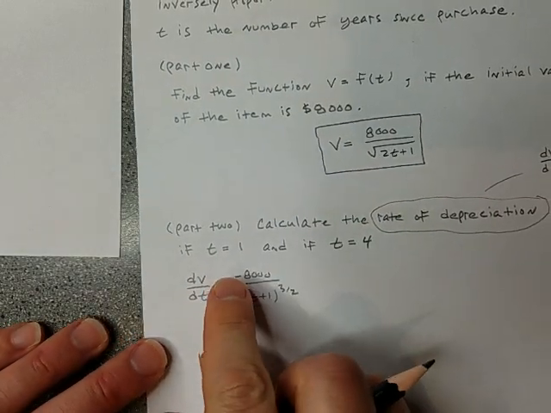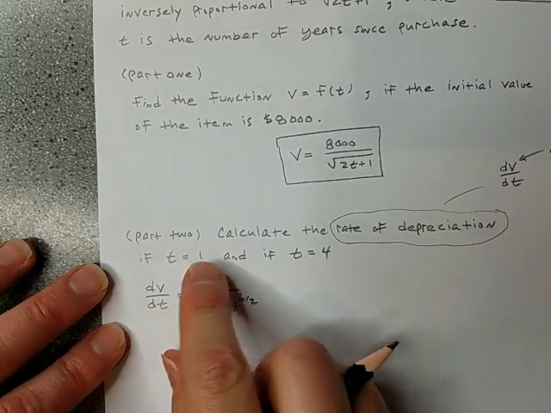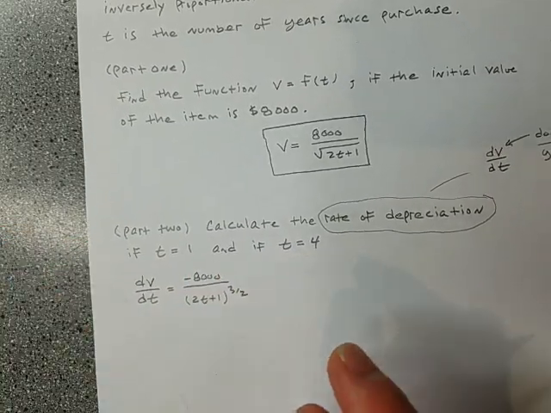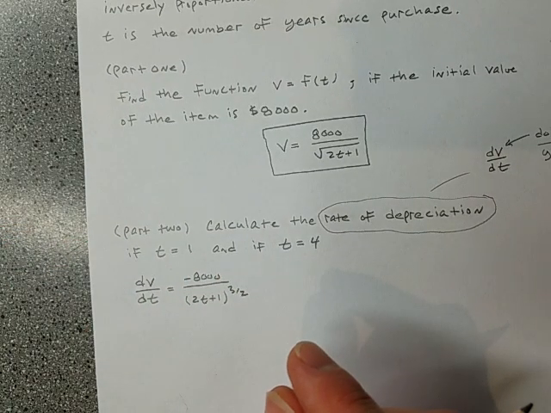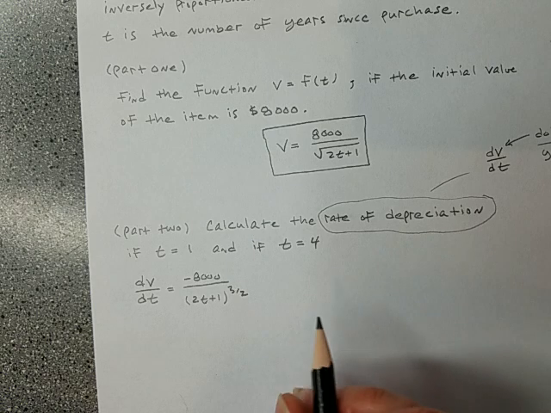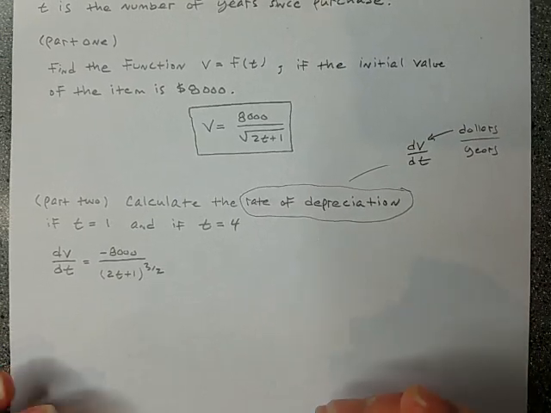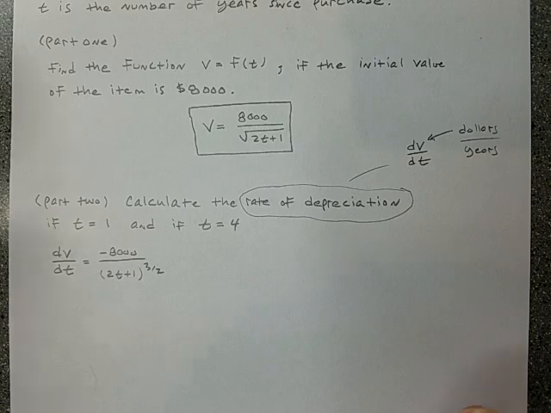And then I'm comparing what the rate of depreciation is when t is 1 versus t is 4. So here's something that we can expect. Like with, say, cars, for example. They lose most of their value right at the beginning, generally. So maybe not all the time, but that's generally the way things work.